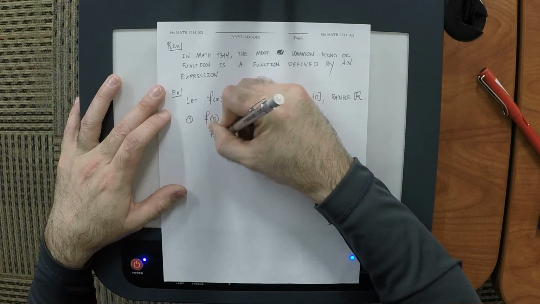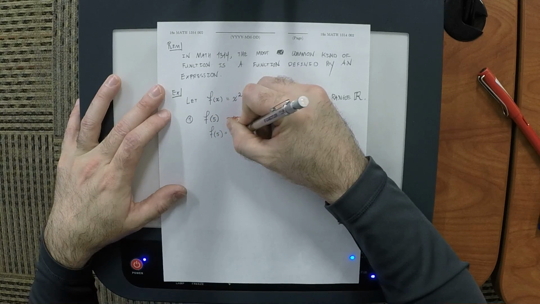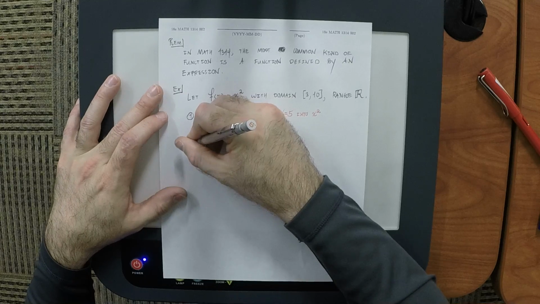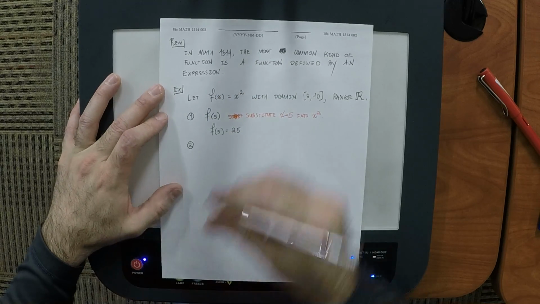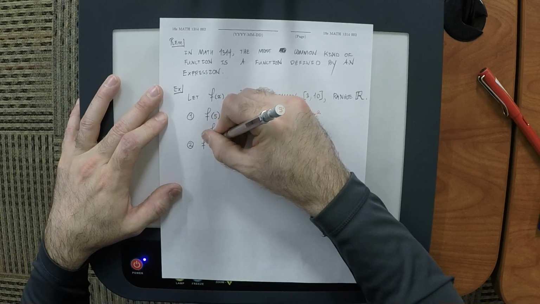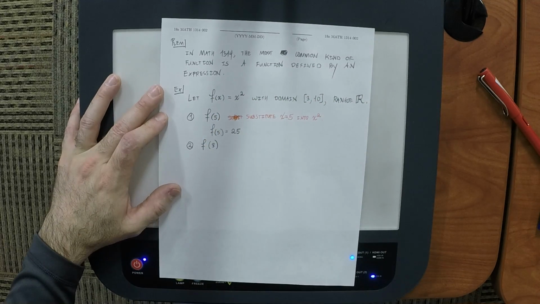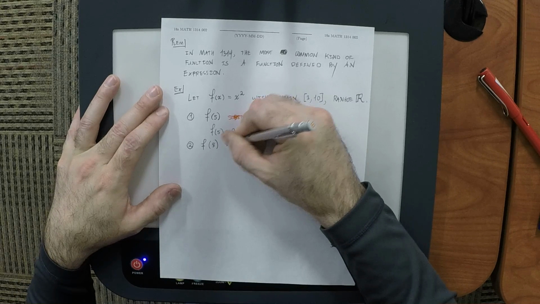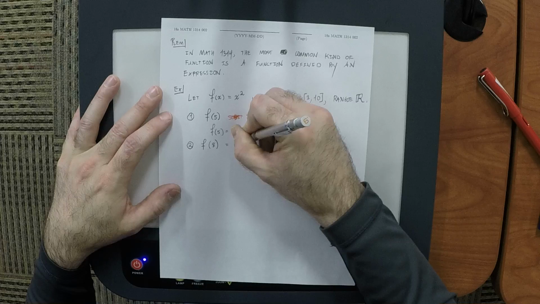So f of 5 is 25. Okay, great. So now that we did one sort of super overbearingly, I'll ask a different one. So f evaluated at 8. 64. Okay, no surprises, I think. f evaluated at 8 is 64.